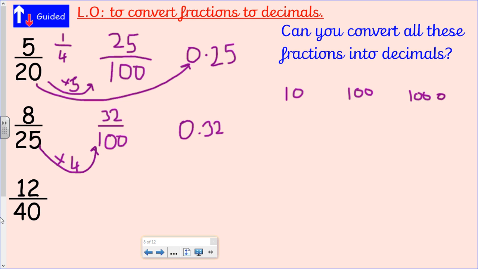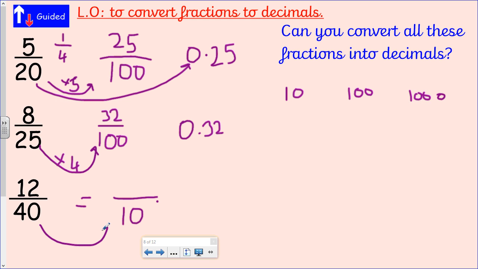Now, if we have a look at this one, can't really make that into 100 by multiplying. So I'm going to go down to 10. So I'm going to make it into an equivalent fraction. Sorry, I should have put equal signs on all of these. I apologize. With 10 as the denominator.